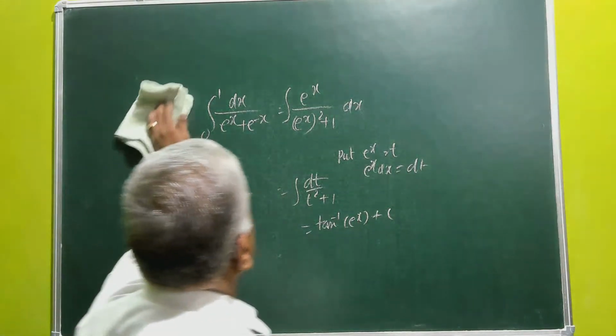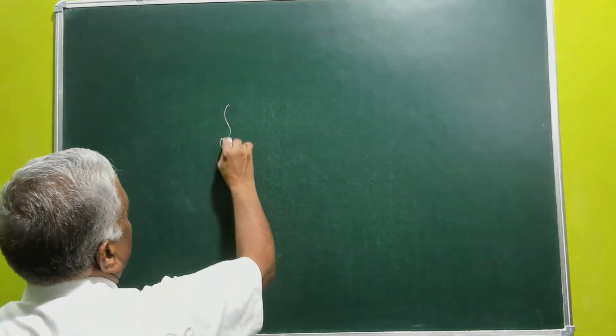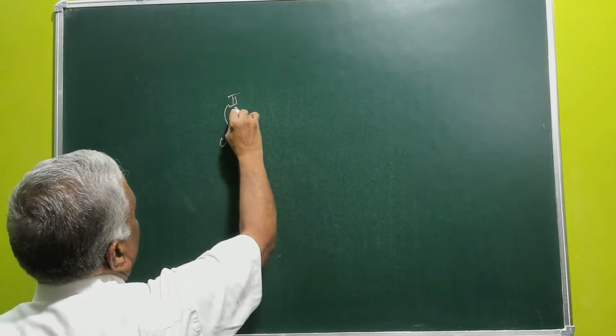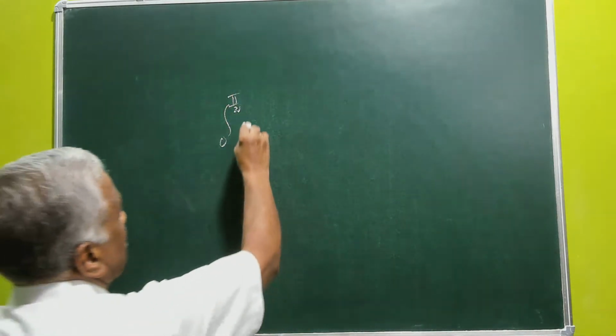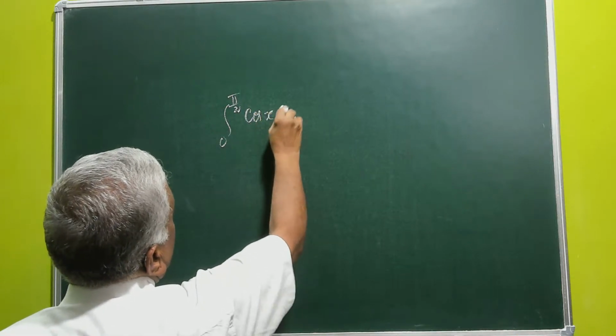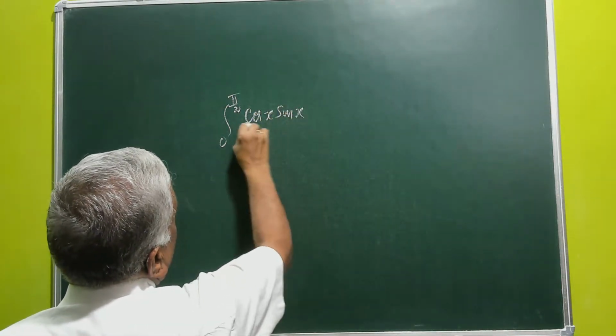Another problem on the CET. Integral 0 to pi by 2, cos x sin x over 1 plus sin x.